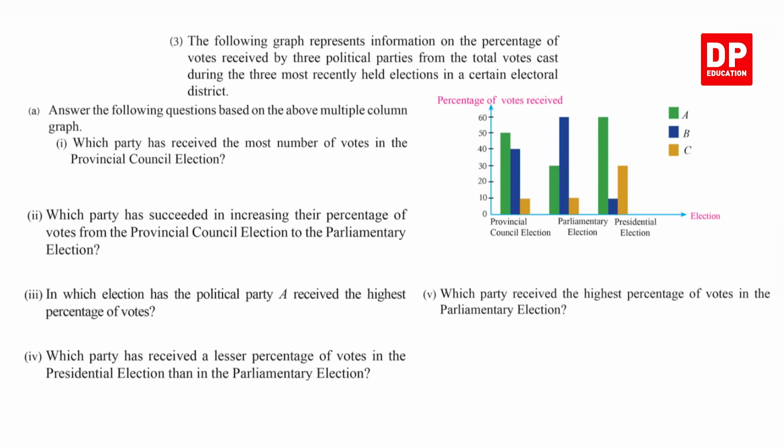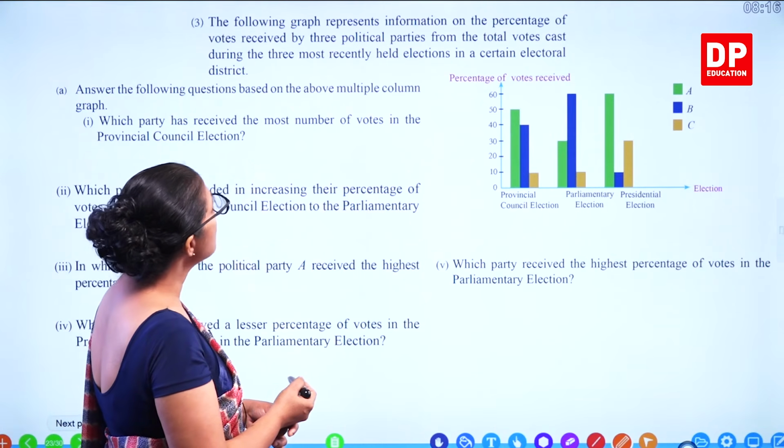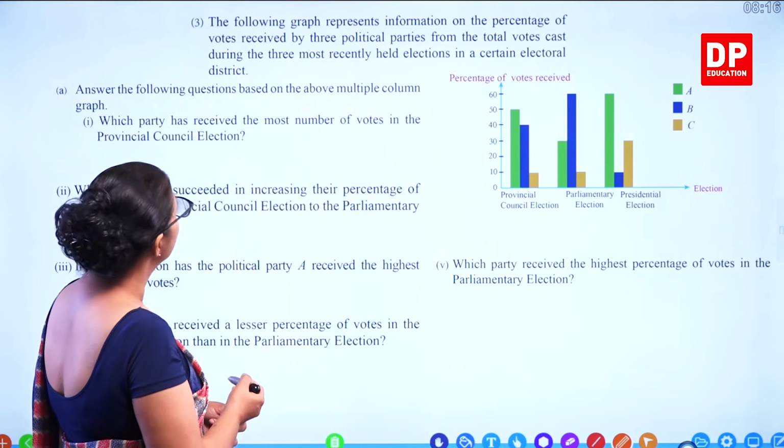The following graph represents information on the percentage of votes received by 3 political parties from the total votes cast during the 3 most recently held elections in a certain electoral district. Answer the following questions based on the above multiple column graph.